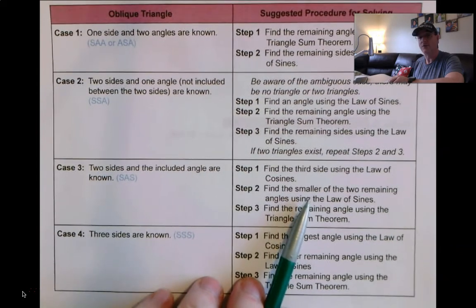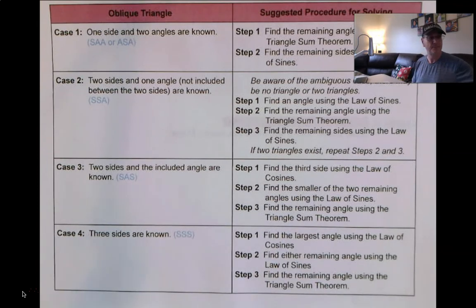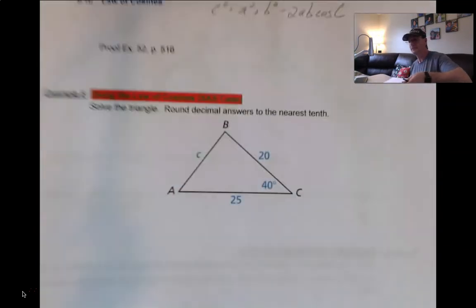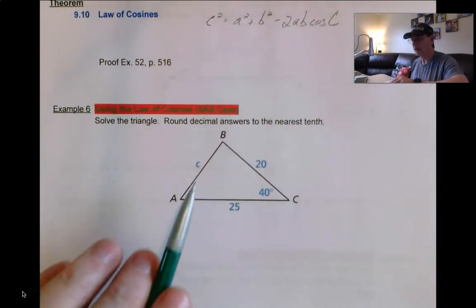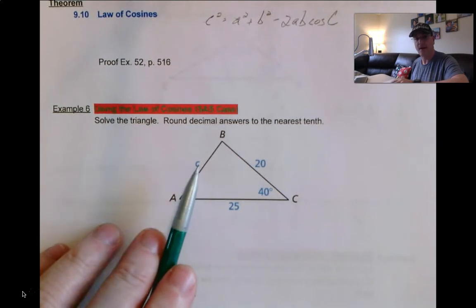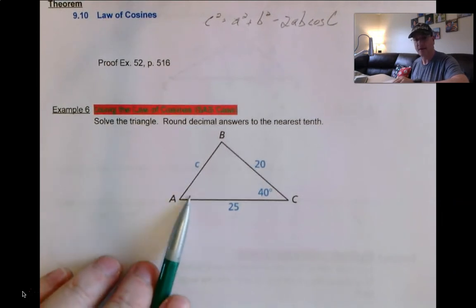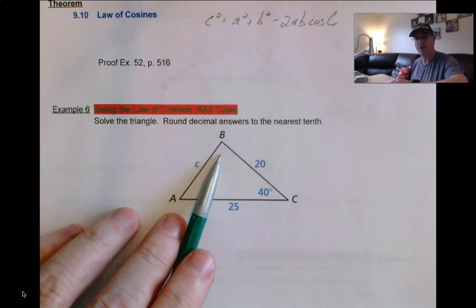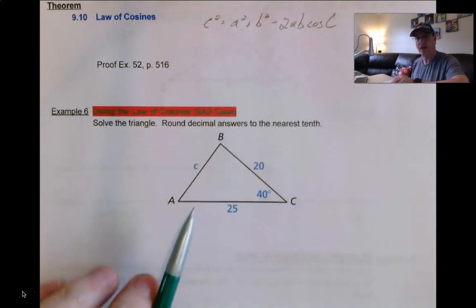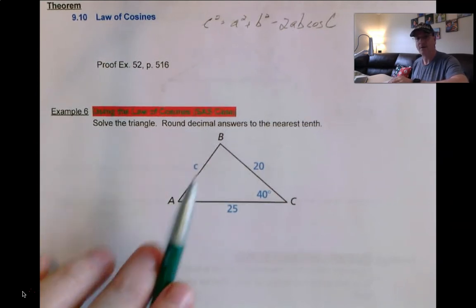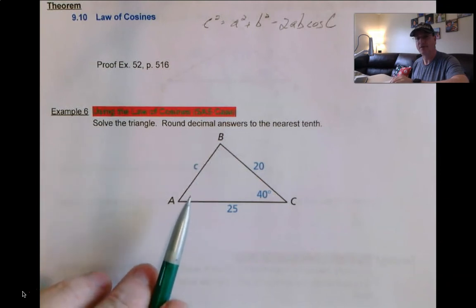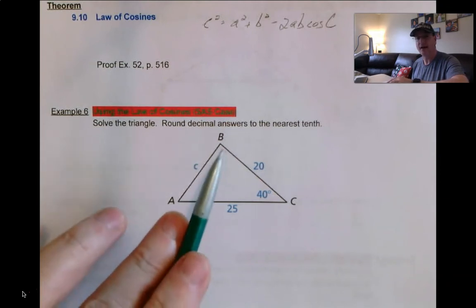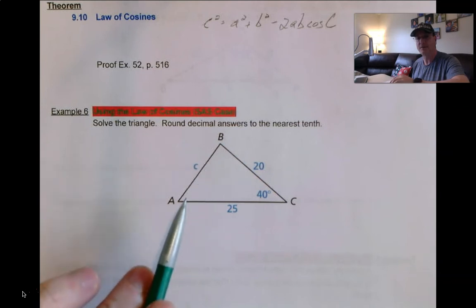Okay, now how are you going to know which one is the smaller of the two remaining angles? Well, we're going to find little c. After we find little c, we have to find angle A and angle B. How do I know which one I have to go for first? I have to go for the smaller of the two. And how do I know which one the smaller of the two is?